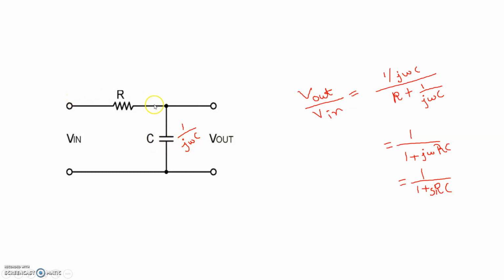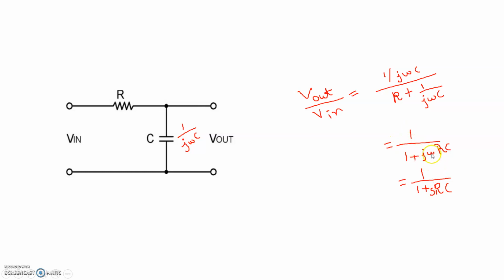So we can simply use the voltage divider formula in this loop, and we can get the relationship between output and input. So V output by V input equal to this impedance by this impedance plus this impedance, so 1 by j omega C by R plus 1 by j omega C. If you simplify this term, you will get 1 by 1 plus j omega RC.